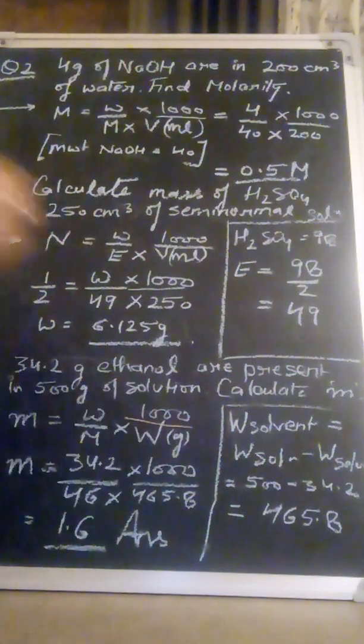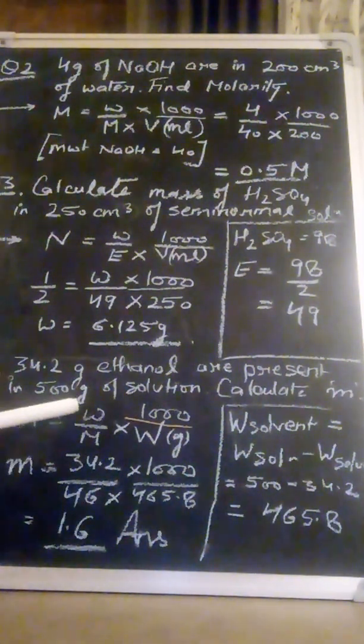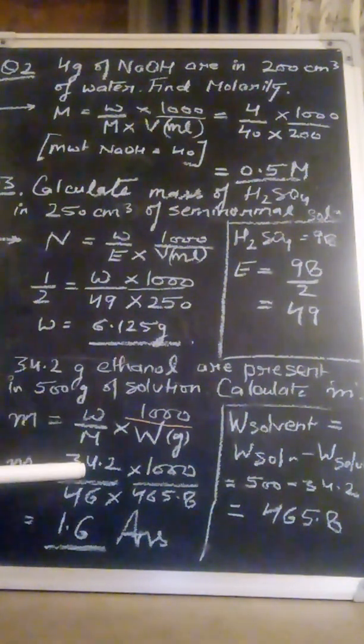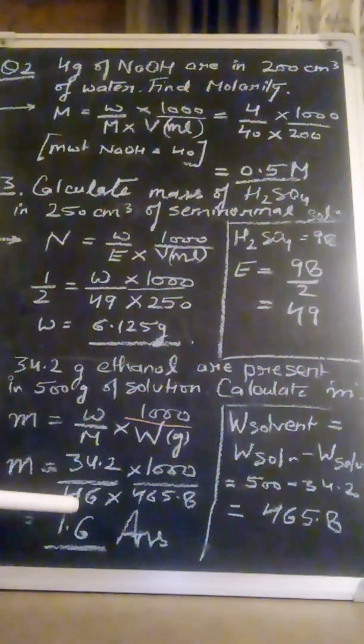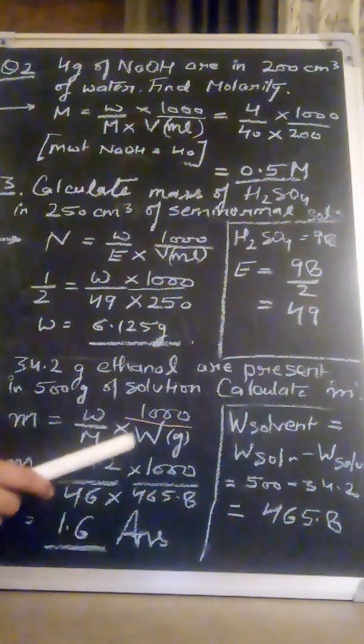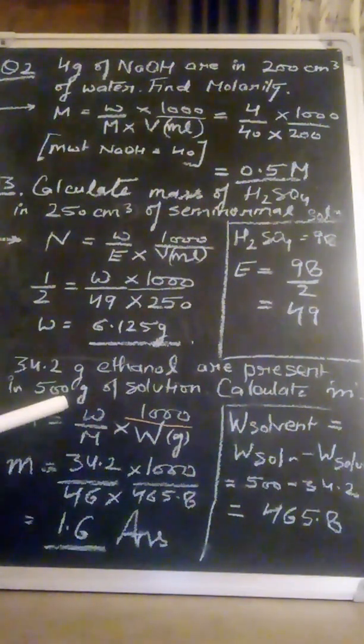Molality is the weight of the substance. The weight of the substance, that is solute ethanol, is 34.2, upon the molecular weight of ethanol, which is 46, into the weight of solvent. Children, have you got the weight of the solvent in the question? No. We have the weight of solute and solution. So we have to calculate the weight of solvent.